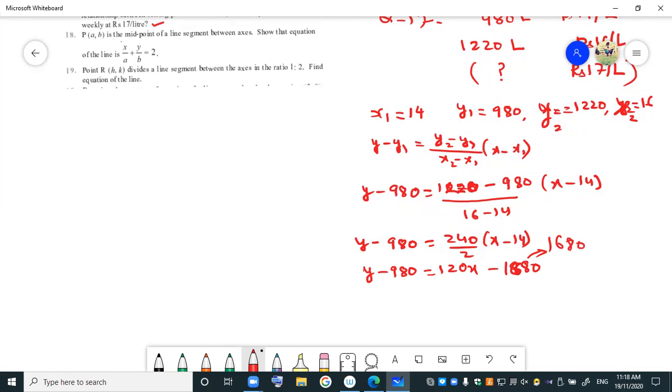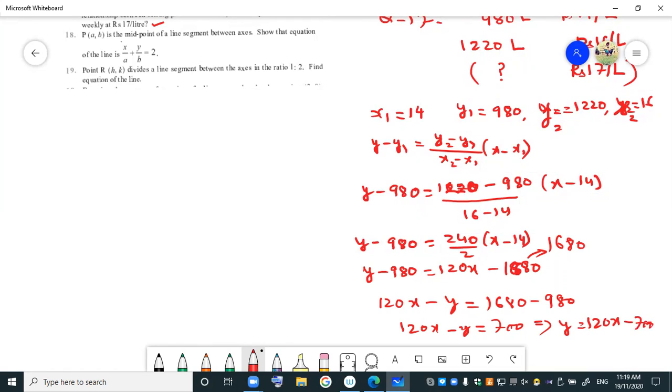So 120x minus y is equal to 1680 minus 980, which is 700, or y is equal to 120x minus 700.